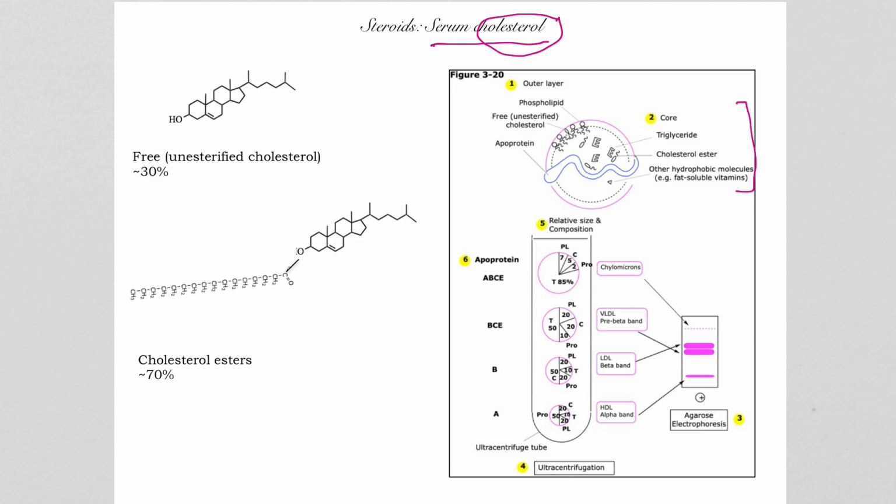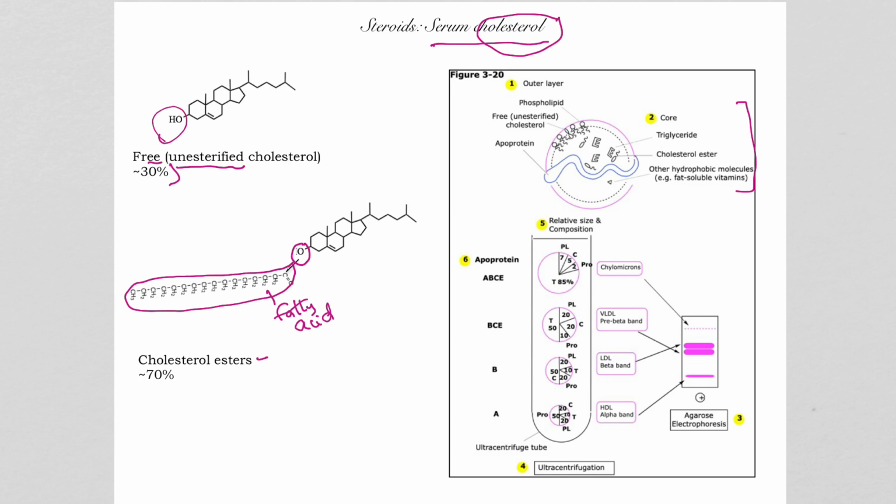One is called free or unesterified cholesterol, that's about 30%, and the other is called cholesterol esters. The difference is that the hydroxyl group has a fatty acid attached in a cholesterol ester. Free cholesterol doesn't have a fatty acid attached.